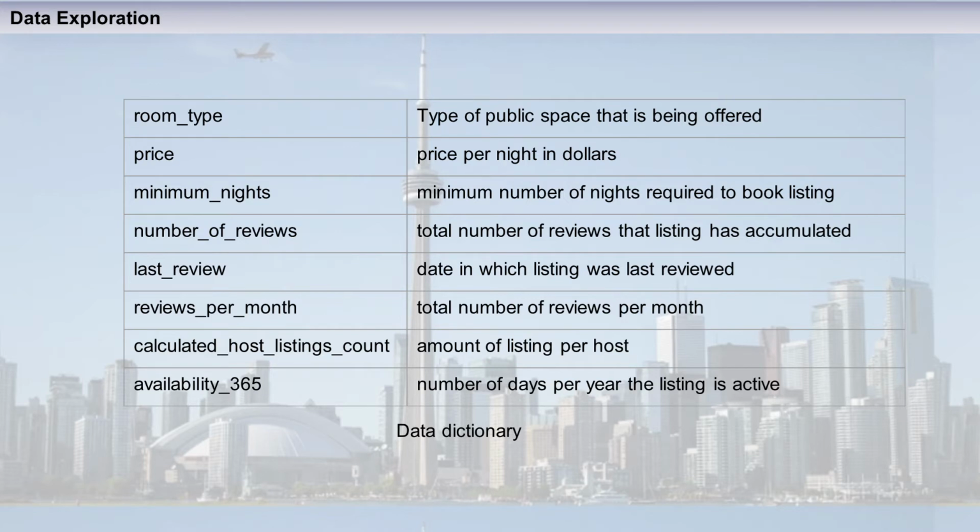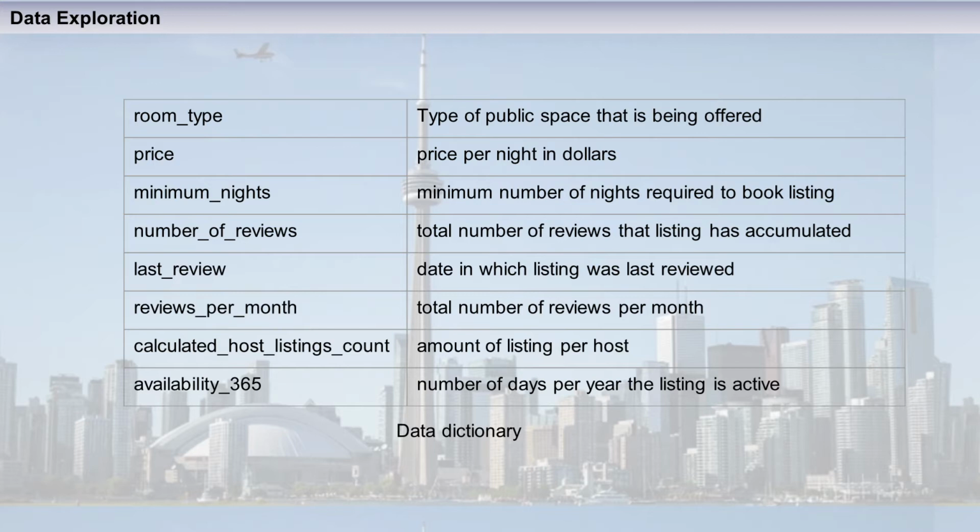Then room type. It's a type of space that is being offered. Price. Price is the most important feature. It's the price per night in dollars. Minimum nights. It's the minimum number of nights required to book listing.